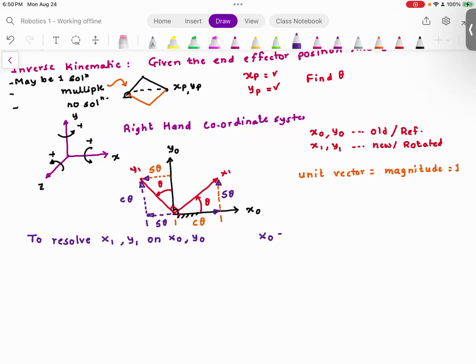X0 is equal to X1 cosine theta minus Y1 sine theta. Y0 is equal to X1 sine theta plus Y1 cosine theta. Do you agree with me?